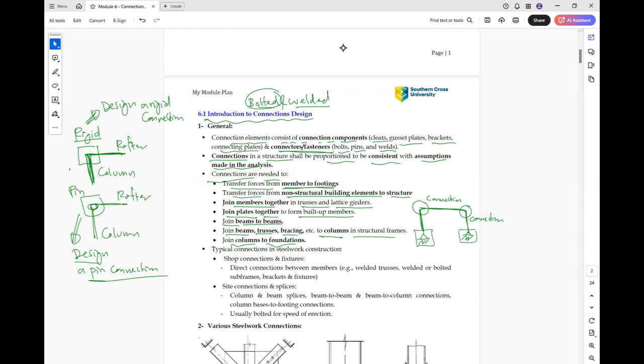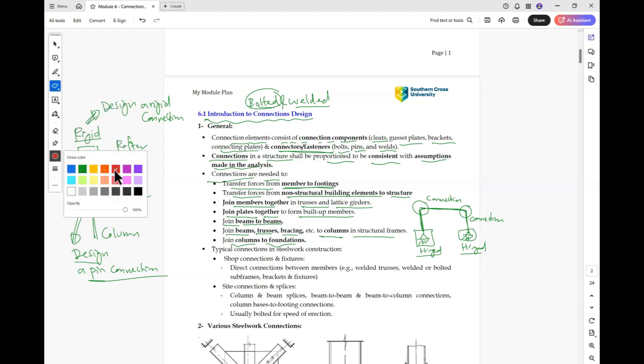So for example, we have footing connection, beam connection, or hinged footing. And the other one also is a hinged footing. So these are some examples of the connections we may have in steel structures.